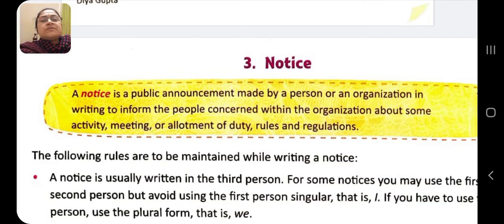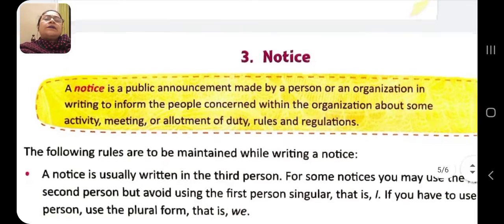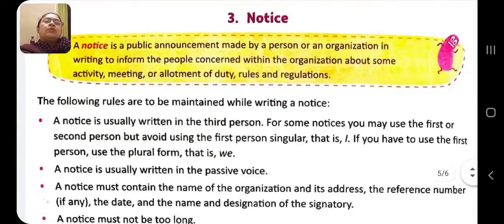So, a notice means a kind of announcement for others. Okay. Now, what is the format of a notice, and what are the rules? How to write a notice? A notice is always written within a box. See, the following rules are to be maintained while writing a notice.